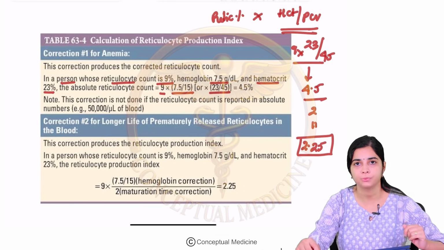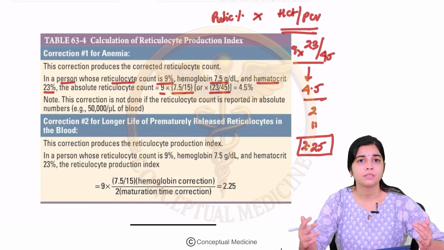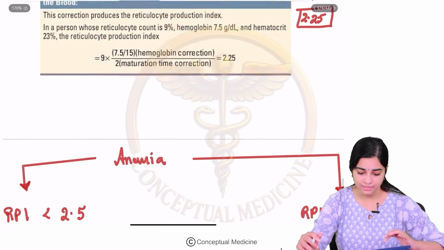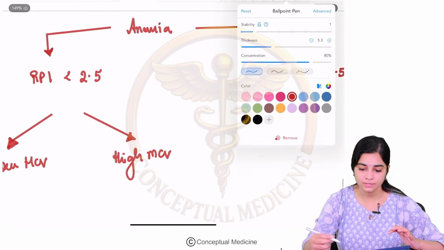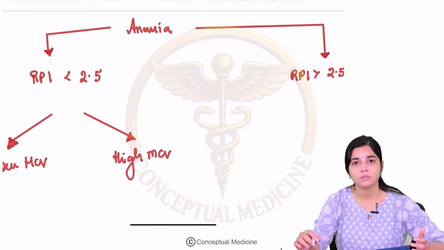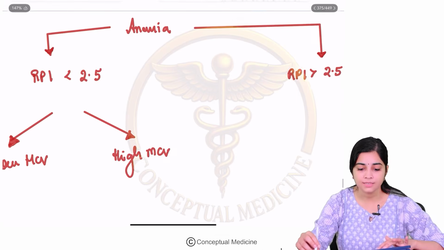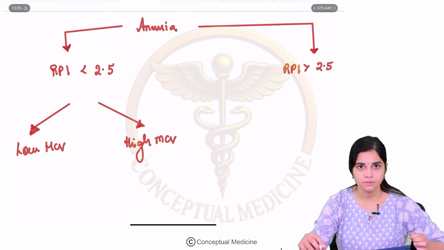This is how you do it. All right, clear. Now, why is this calculation for reticulocyte production index so important? That is because you can classify and identify the etiologies of anemia based on the reticulocyte production index. Alright, clear? So that's the reason why you need to be aware of the reticulocyte production index.